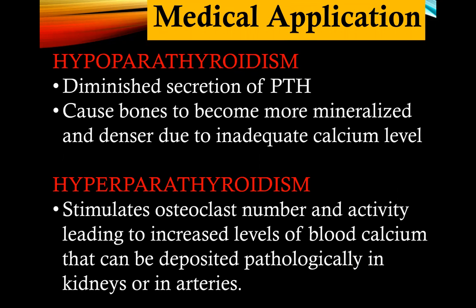This hypercalcemia brought about by hyperparathyroidism can be deposited pathologically in kidneys, for example, where kidney stones could develop, or in arteries, where it could lead to coronary artery disease, meaning there is a formation of atheromatous plaque.